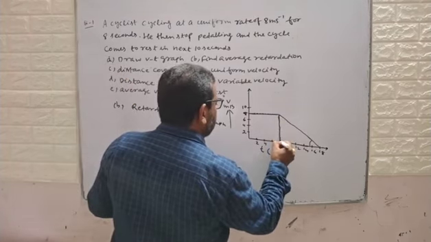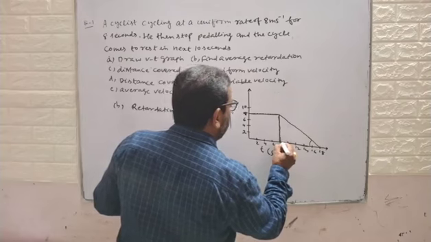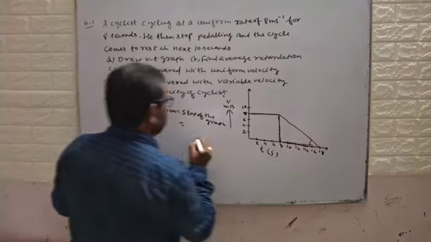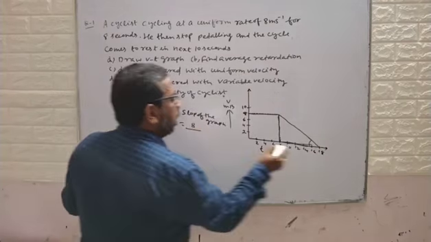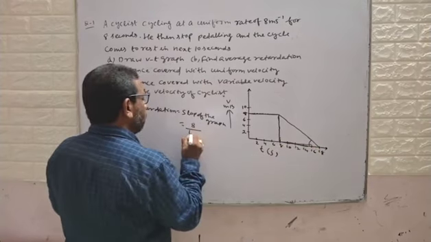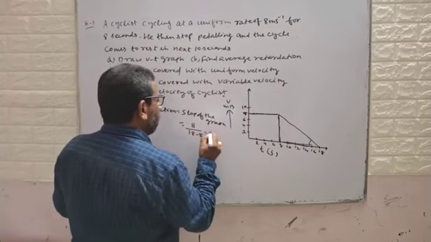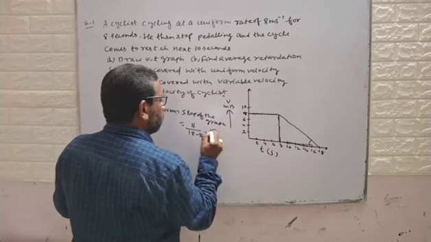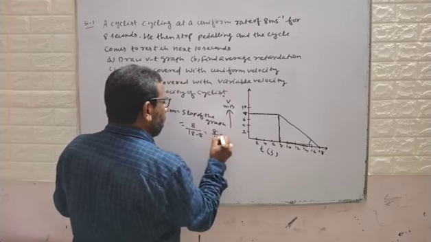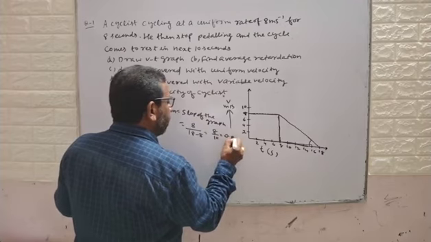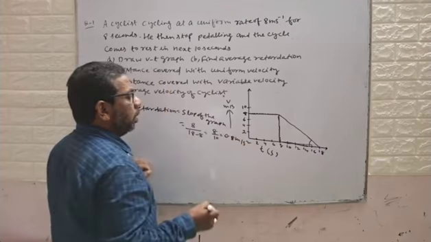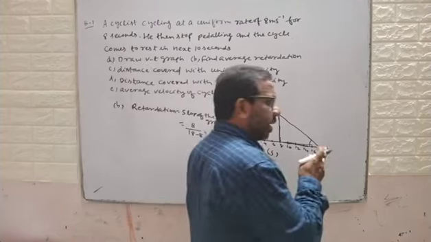Y distance is 8 and x distance is 18 minus 8. 8 by 10. Here it is minus, but 0.8 meter per second square. 0.8 meter per second square.